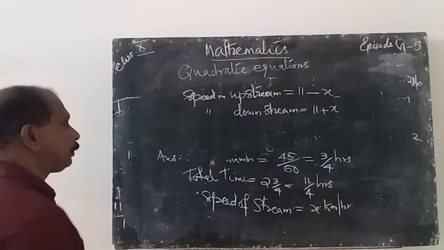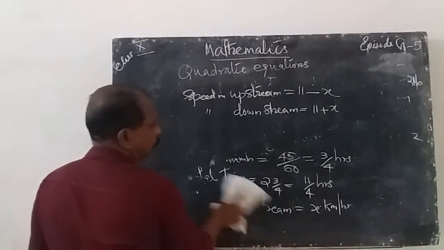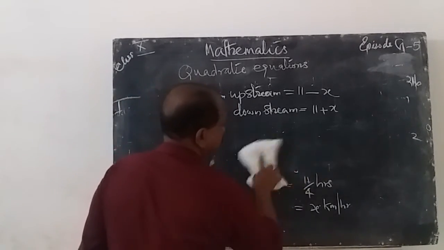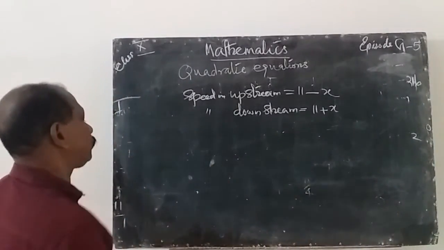Then we know that the time is equal to what? Distance by speed. Therefore, distance is 12.